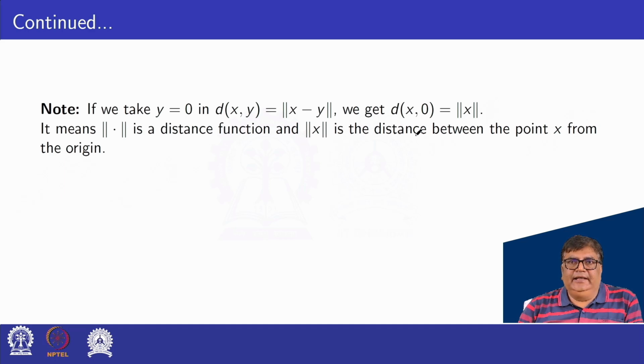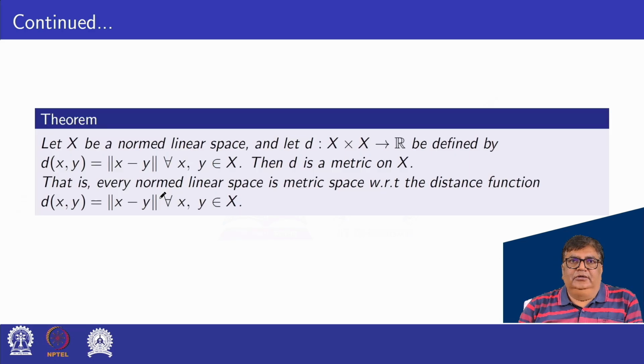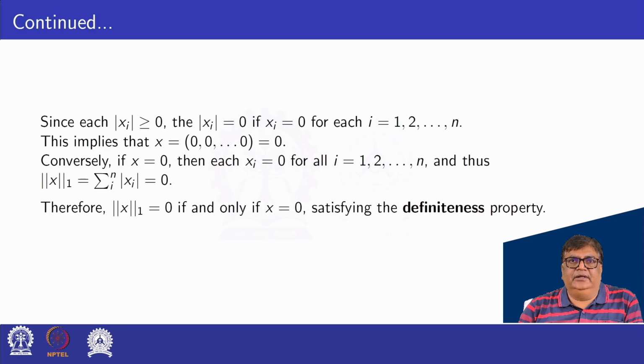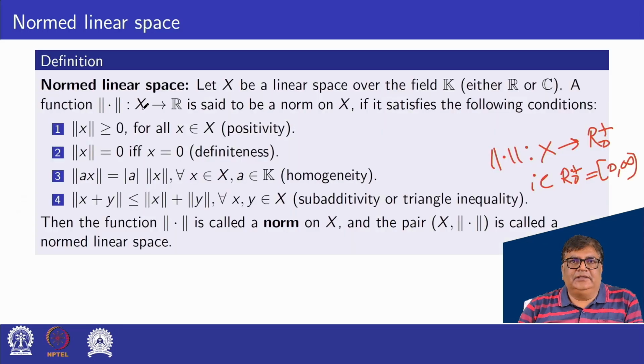Norm is the distance of a point from the origin, and in a metric we measure the distance between two points. So as per the definition of metric, norm from X to R is also a distance function, so we can write norm as a map from X cross X to R, but one X has the vector and the other X should be the 0 vector.